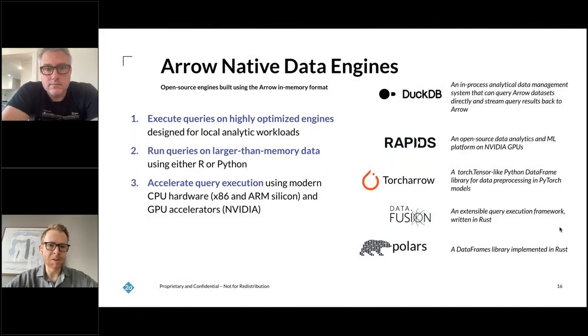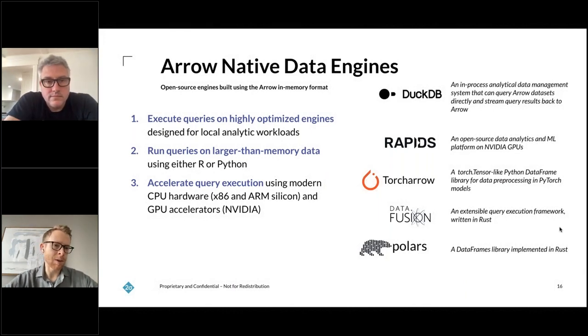In the last few years, after we hardened some of the core protocols and specifications for Arrow, our effort has shifted to working on building Arrow native data processing engines.